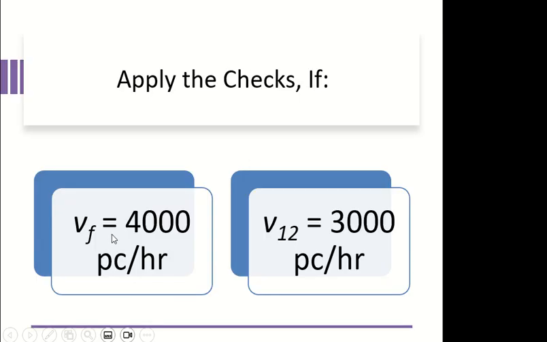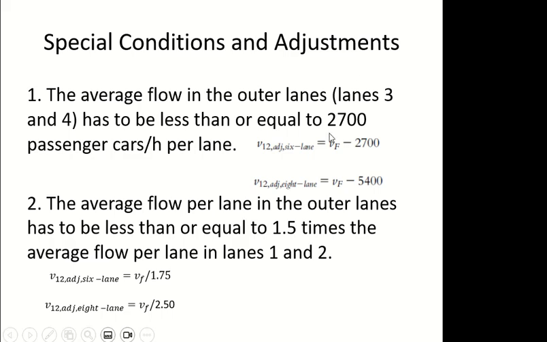So for example, if your VF is 4000 and V12 is 3000, let us apply the checks to this case. I have not mentioned the number of lanes. Let's say we have 6 lanes, so this is for a 6-lane freeway.